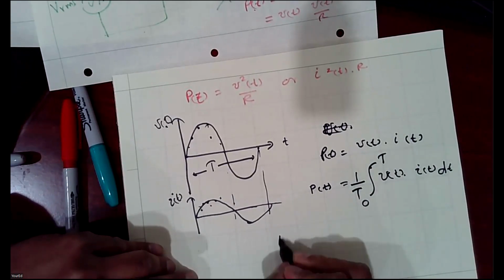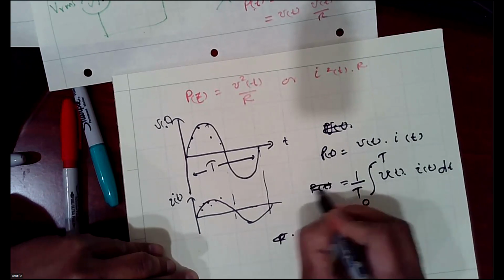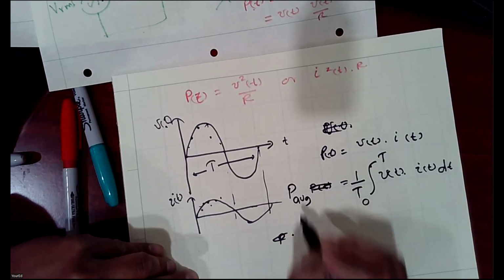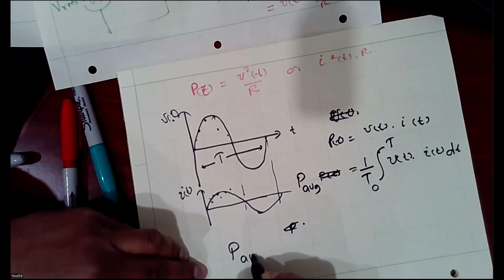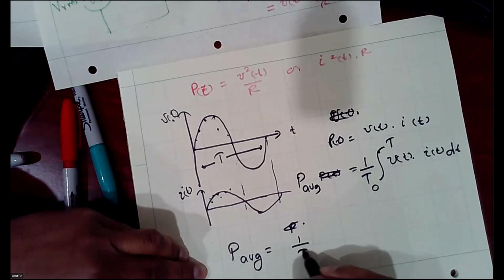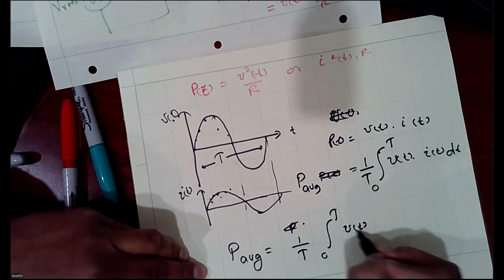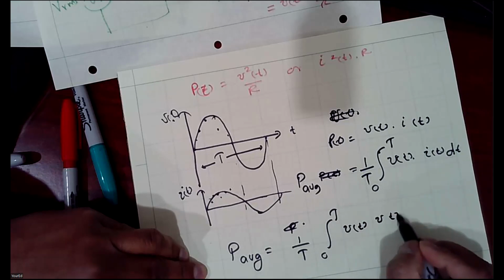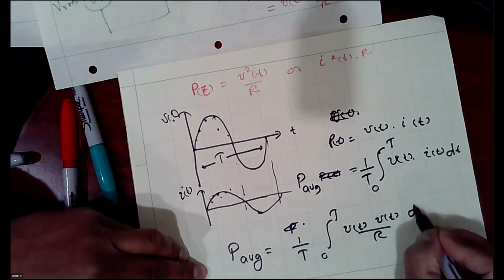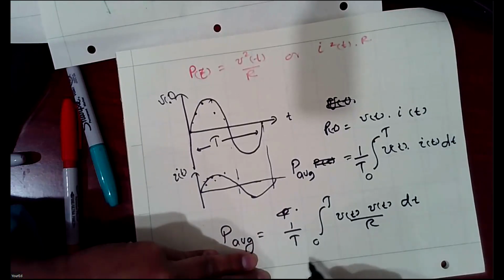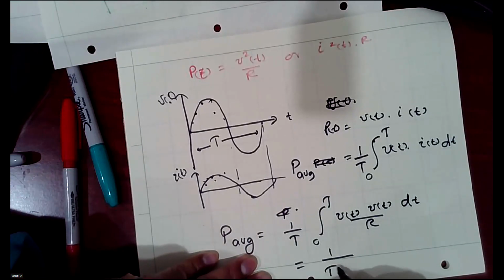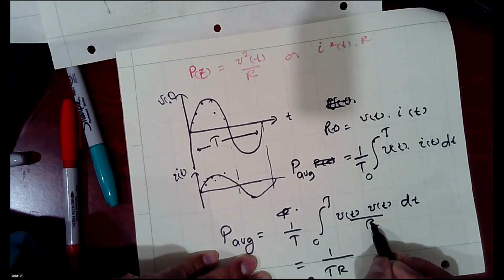In other words, I can write this average power. So this is P average. Then P average will be 1 over T, 0 to T, Vt, instead of Vt we can write Vt over R, dt. Or you can simplify this as 1 over TR, because R is a constant, positive number.